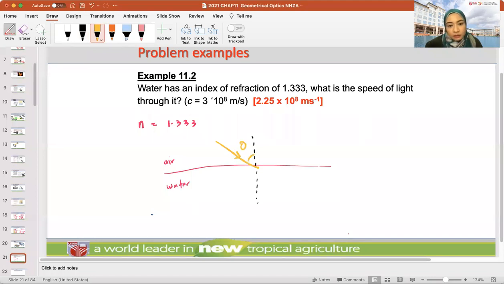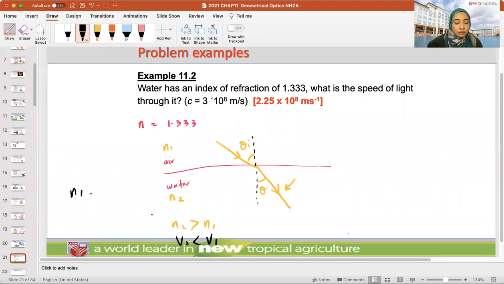This is your angle of incidence and you would have some refraction, and the angle would be towards the normal because water is denser than air. If it is denser, then water will have a greater index of refraction than air. So n2 will be greater than n1, but v2 will be less than v1, because it is slower.